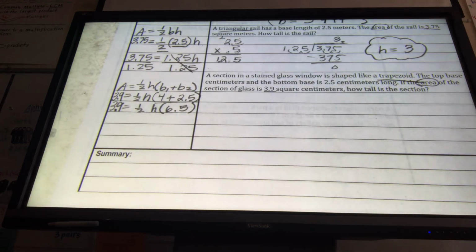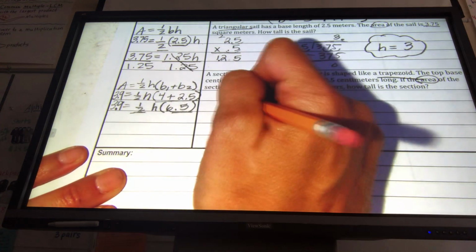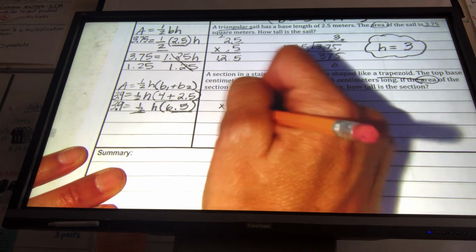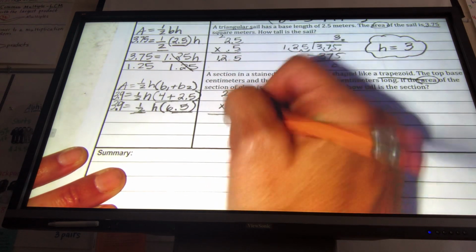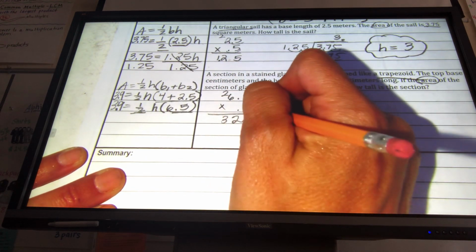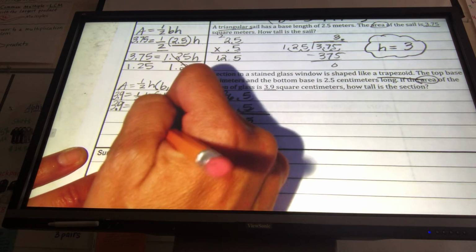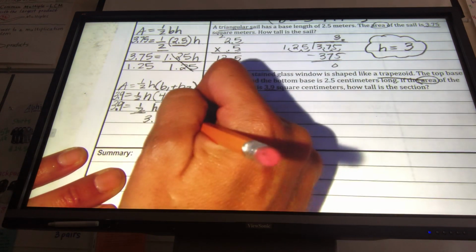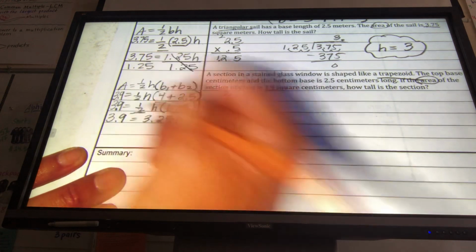So now I gotta do what to the 6.5? I gotta half it. So I can multiply it by 0.5. So 6.5 times 0.5 gives me 3.25h. A lot of work, yes I know.